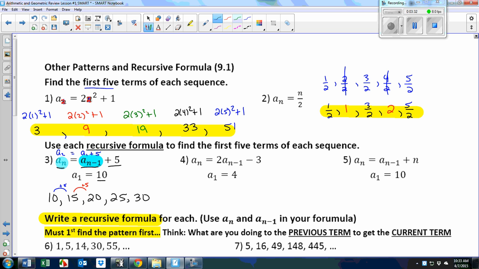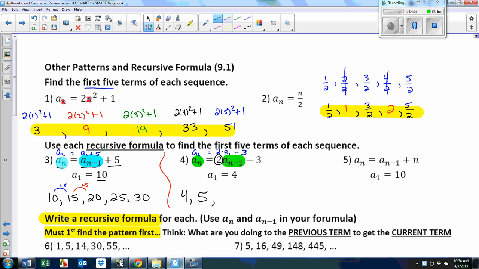Let's try it again. Number 4. Take the previous and subtract 3. So we'll start with a 4 and then follow this script. Any term is 2 times the previous minus 3. The second term is 2 times the first minus 3. So 2 times 4 is 8, minus 3 is 5.